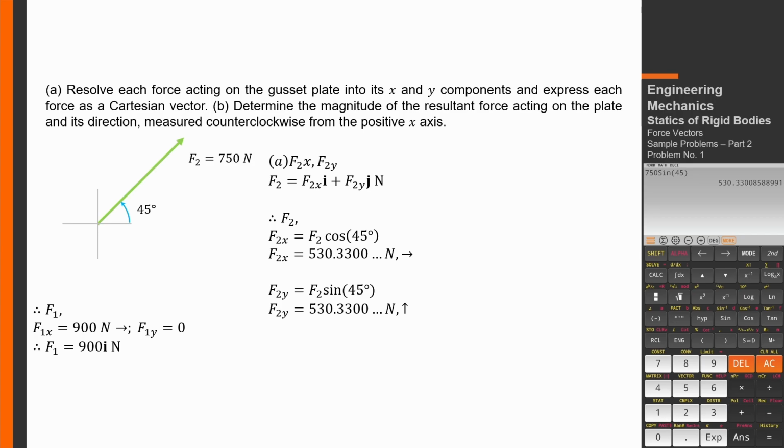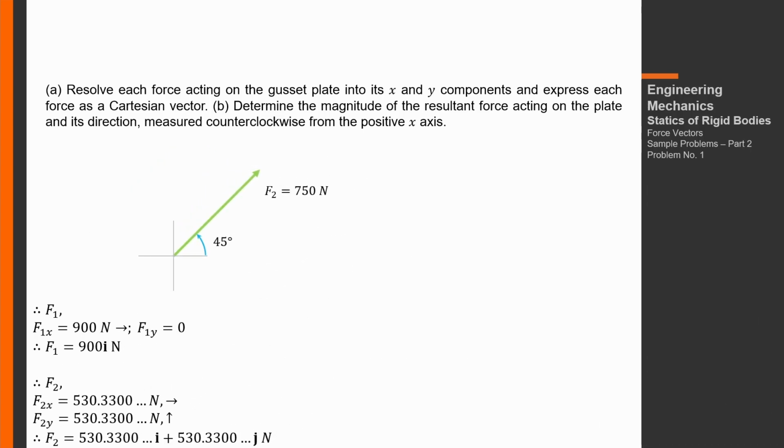So, ang sign notation, kapag going to the right, sa x components, going to the right is positive, going to the left is negative. Kapag naman y component, upward is positive, downward is negative. So, therefore, F2 as our Cartesian vector, so 530.3300i plus, so paras positive, 530.3300, and so on, j newtons.